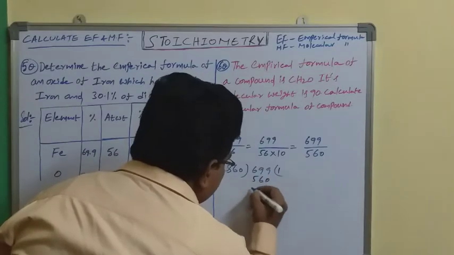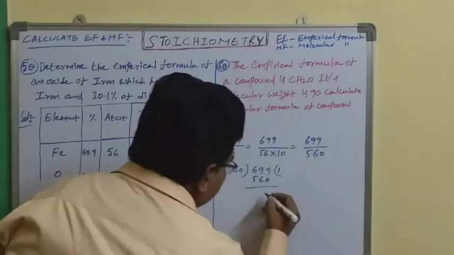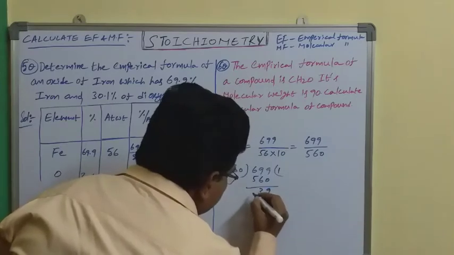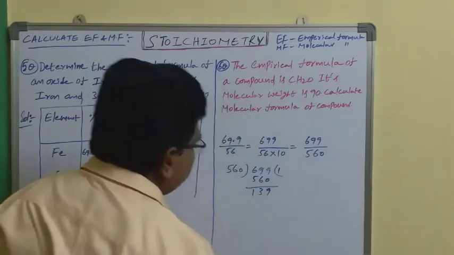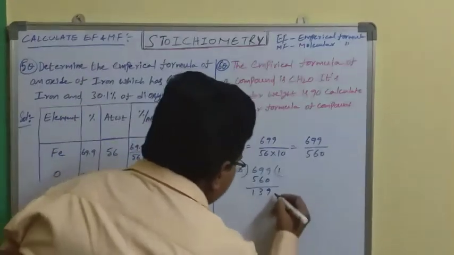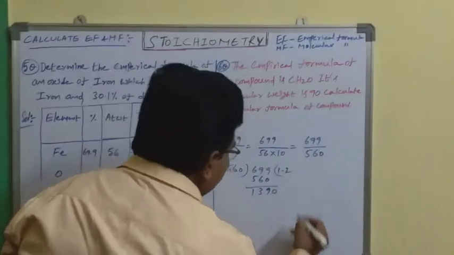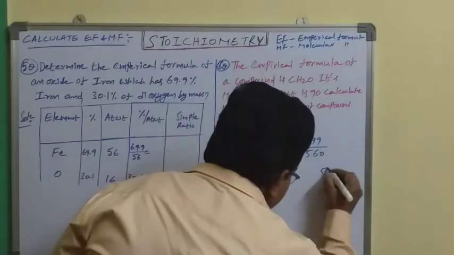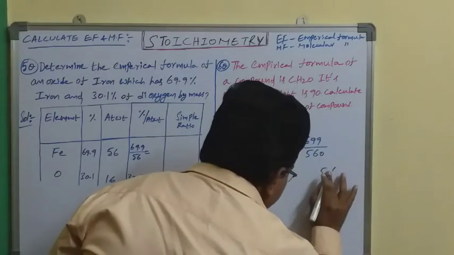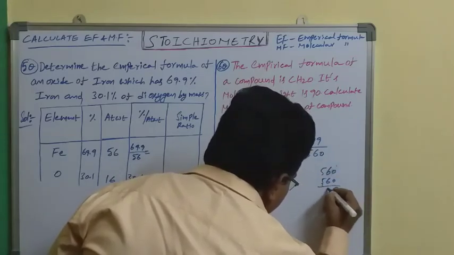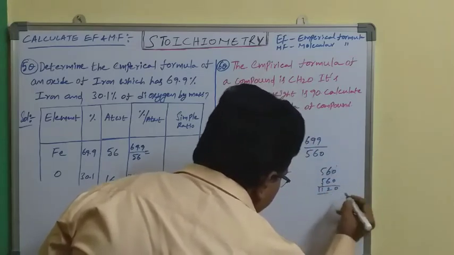560 from 699: 9 minus 6, 3; 6 minus 5, 1. Keep the point here and add 0. 562s are how much? I am adding 0, 12, 11, 20.